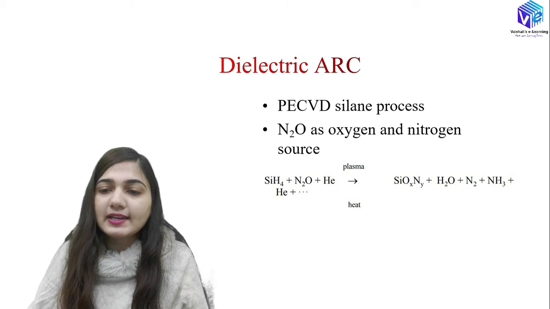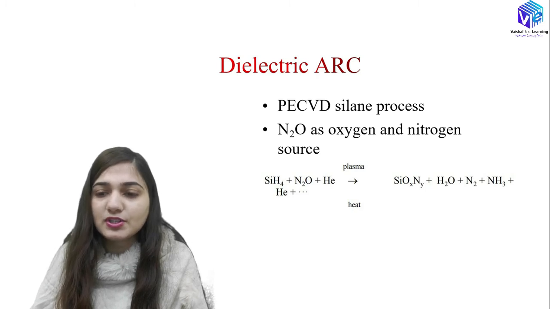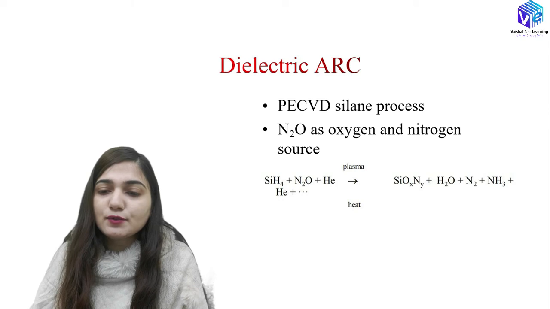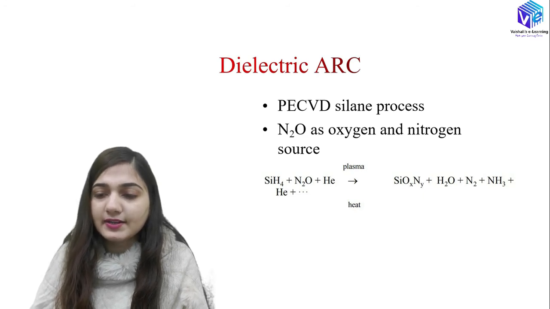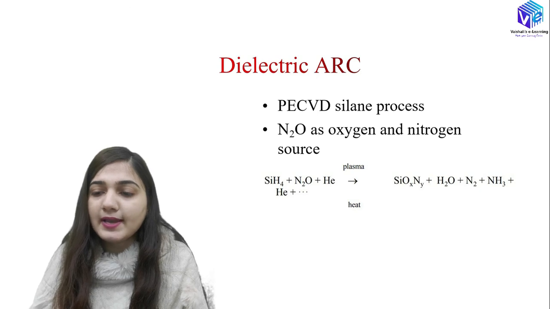So coming to the dielectric ARC. Dielectric ARC is a PECVD Silane process. We have plasma enhanced chemical vapor deposition Silane. So what are the source gases? Source gases are Silane, N2O, helium. The plasma and the heat are the requirements for this reaction to happen, and we are forming the oxynitride, SiOxNy.